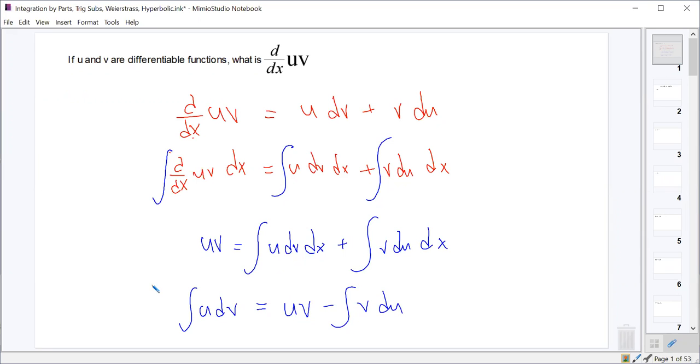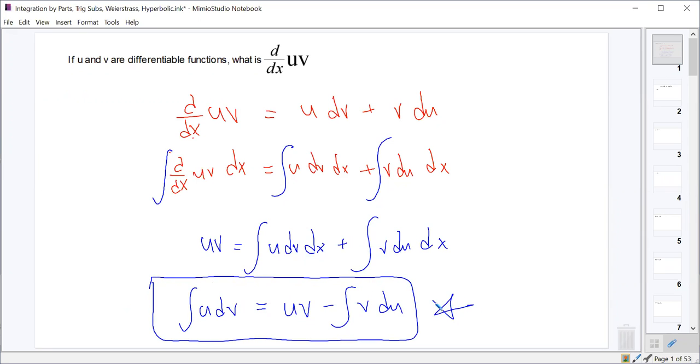And I'm dropping the dx's from there, and there's a reason why. It's because each of these functions in here, dv and du, are going to be written in terms of x, and they are going to have a dx term attached to them already. So we don't need to be redundant and have the extra one there.